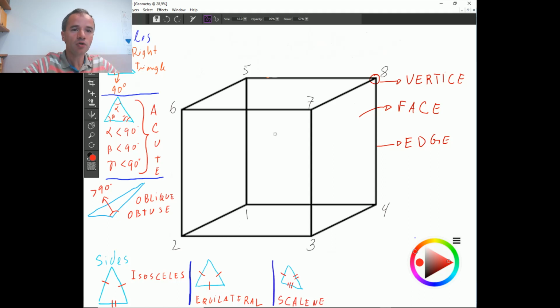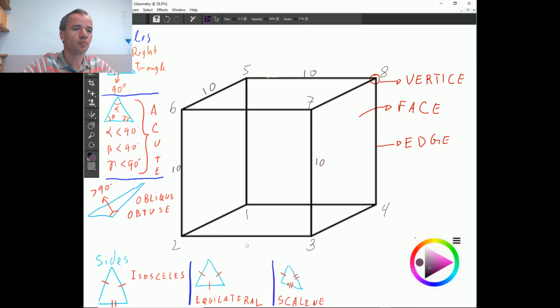I'm going to draw some triangles in here. Again, let's pick the pink one. Imagine that this cube has side 10. So every single edge has 10 in length.